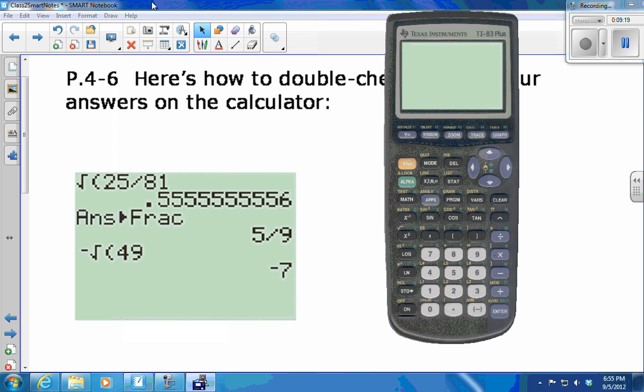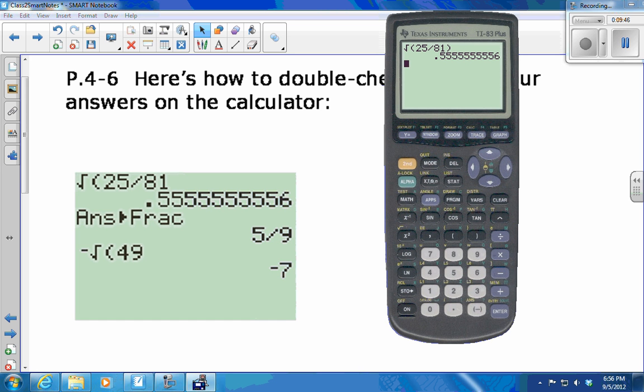So yeah, this thing is kind of awesome. All right, I think the square root of 25 over 81 is 5/9. So I'm going to double check by hitting square root 25 over 81. Press enter. It gives me a decimal. I want to know, is that decimal 5/9? Your calculator can change decimals to fractions. It's very handy, especially if you're taking a test and you have to go fast.